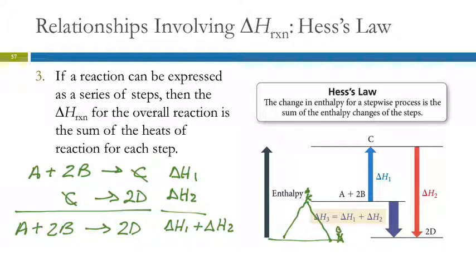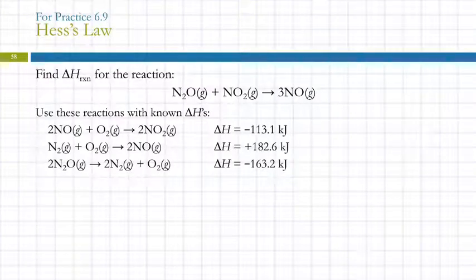So there's three rules about dealing with the delta H's. If you multiply the equation, you multiply delta H. If you change the direction of the reaction, you change the sign on delta H. And you can add reactions together, and then you add up the delta H's. Let's do an example. Find delta H for this reaction.